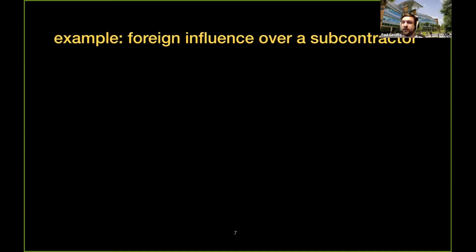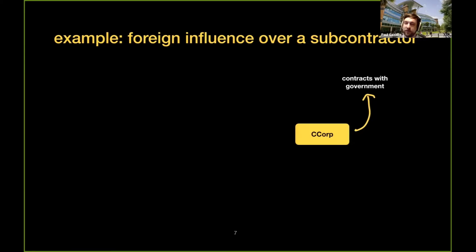So let's take a simple example of what this might look like for a contractor. For certain industries and certain government agencies in the US, there are regulations about how much foreign ownership a contractor or a subcontractor can have in order to get a contract with the US federal government. So for instance, if we have this company, let's call it C Corp, it has a contract with the government, and let's say it's completely US owned, with no foreign owners.